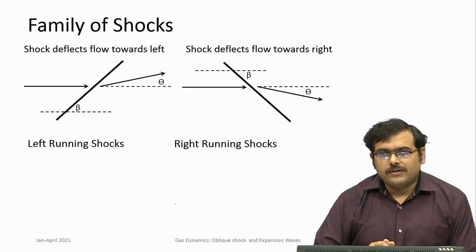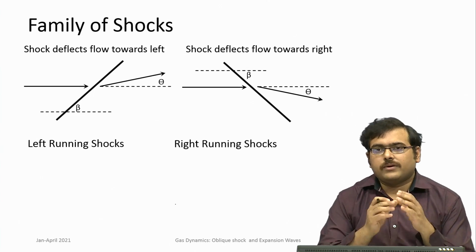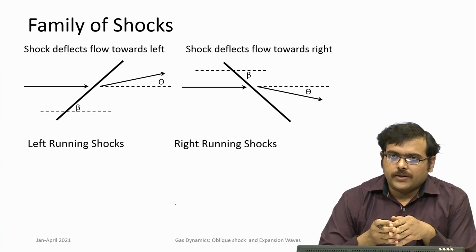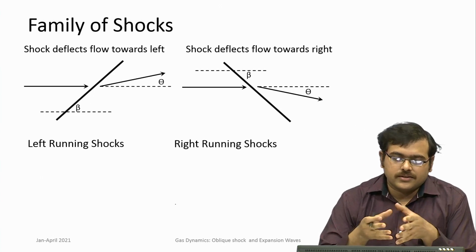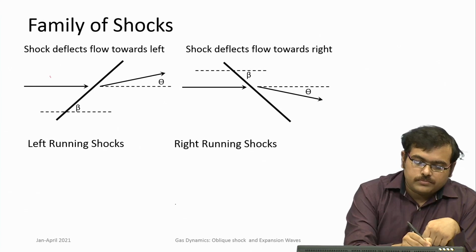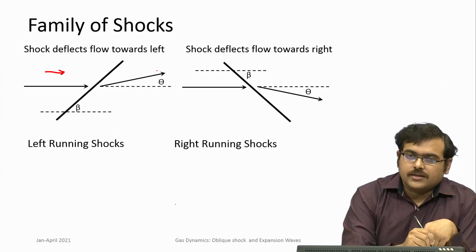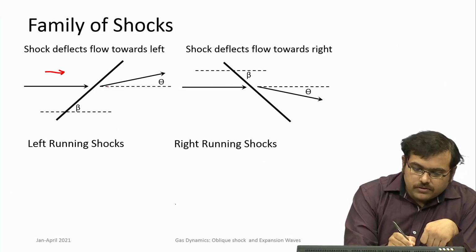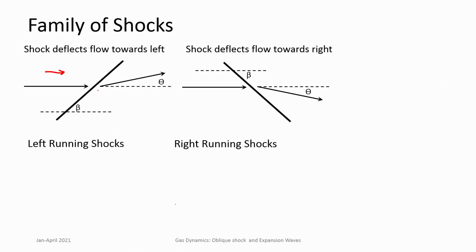One should also be aware that the flow can be deflected. Now if you look at the shock wave alone, the flow is deflected relative to the incoming flow. So, this is theta. Now, if you consider the incoming flow, the flow can be deflected either towards the left or towards the right. So, the shock can do a leftward deflection or a rightward deflection. Accordingly shocks get classified; they are known as families of shocks.